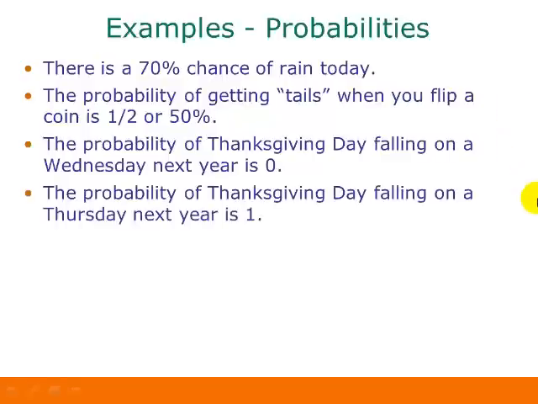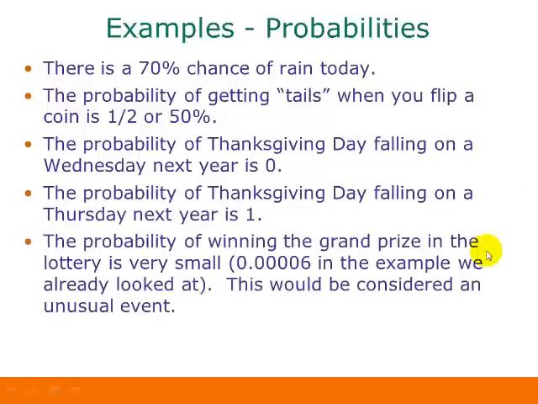The probability of Thanksgiving Day falling on a Thursday next year is 1 or 100%. And the probability of winning the grand prize in the lottery is very small. It was 0.00006 in the example we already looked at. This would definitely be considered an unusual event.